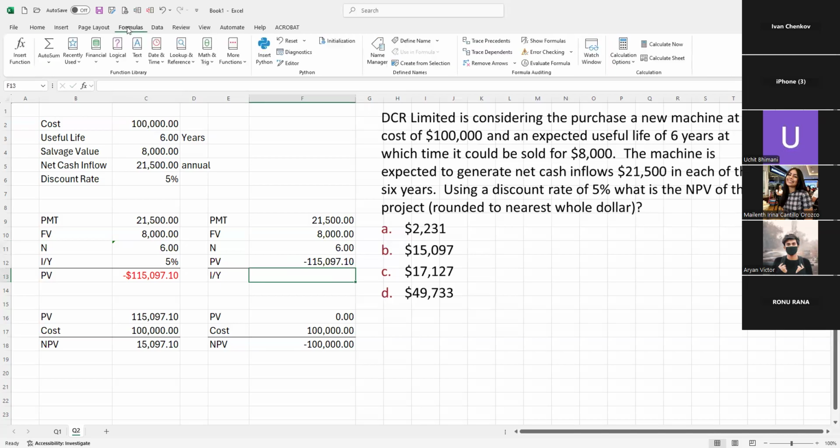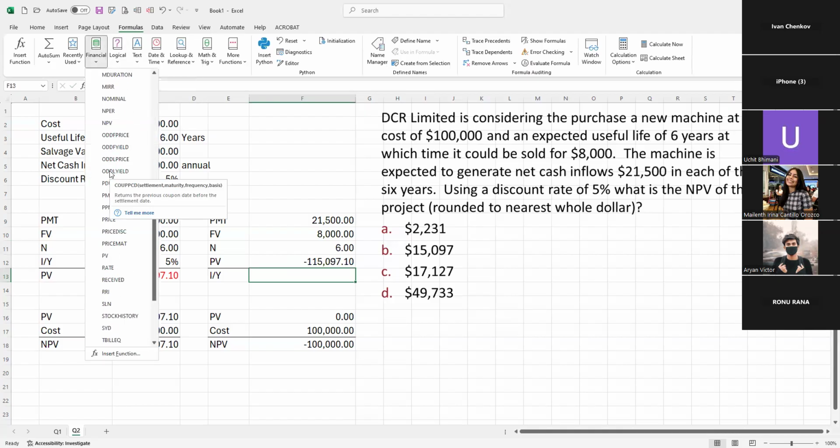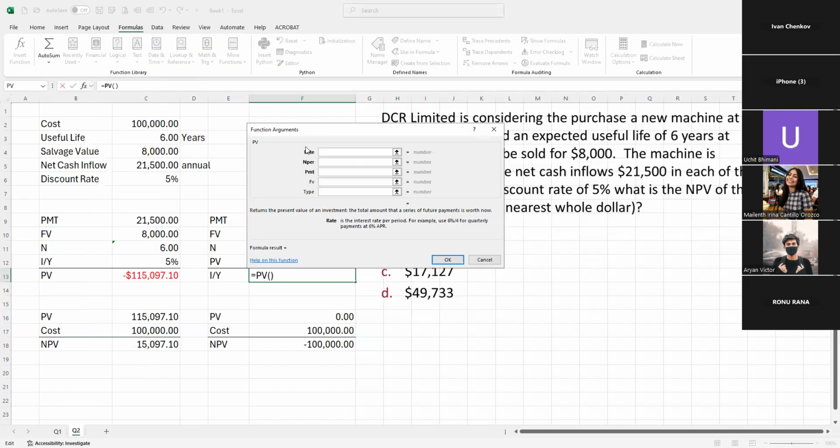Same idea. Go to the formula. And now you have to be careful here, because you might not be able to see anything that looks like an IY. You may see internal rate of return, but that's not what we're chasing. We're chasing here, in our present value formula, we try to find the rate. Make sense?